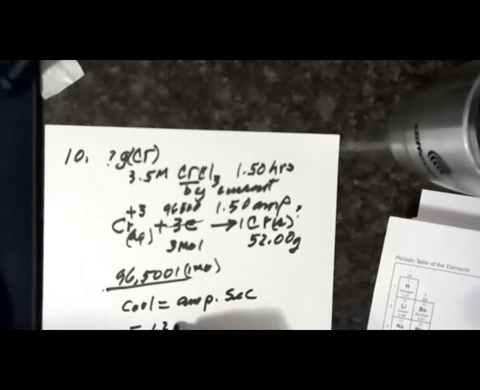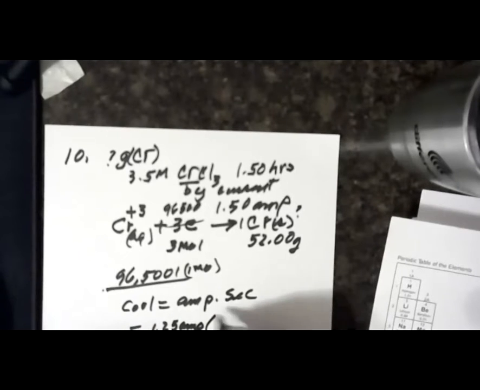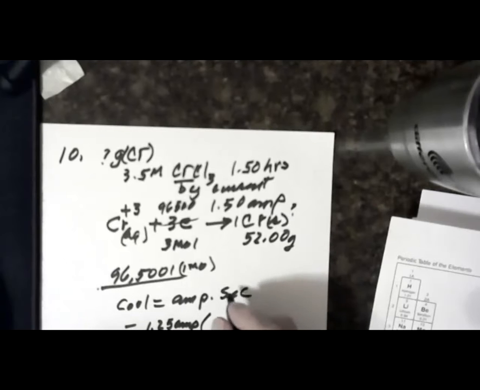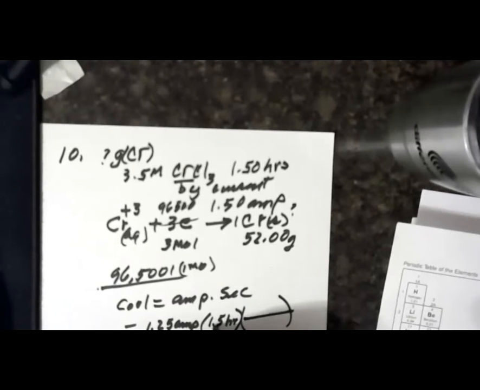So the current is going to be 1.25 amps. Now, but we're going to put in the time now. The time is 1.5 hours. But we have to have it in amp seconds. So hours goes to minutes, there's 60 of those in one of those.